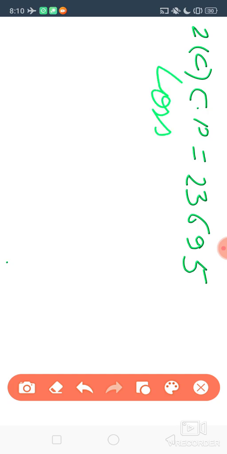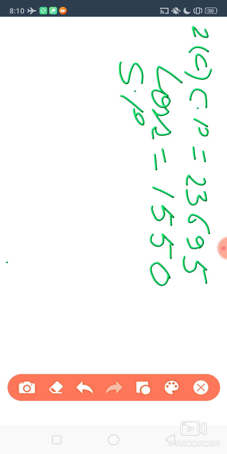How much loss is given? 1,550 rupees. Now they are asking to find selling price. So for selling price, two formulas we know. One is CP plus profit and another is CP minus loss. Here loss is given, so we'll use the second formula.